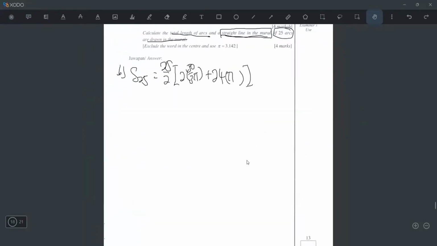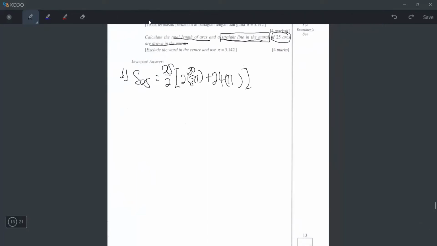So how do you want to do this? First you solve whatever is inside first, but they say use pi as 3.142, right? So I just press the whole thing: 2 times 50 times 3.142 divide 3, and then answer plus 24 times 3.142.